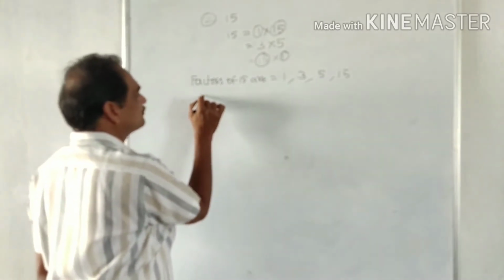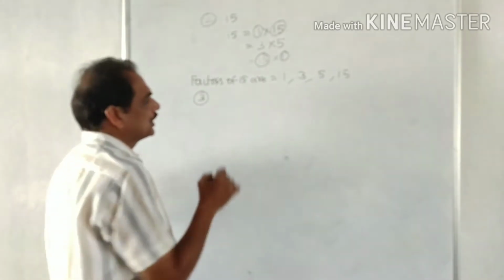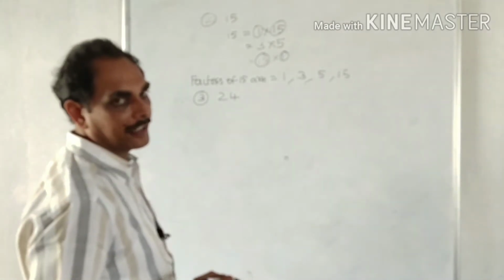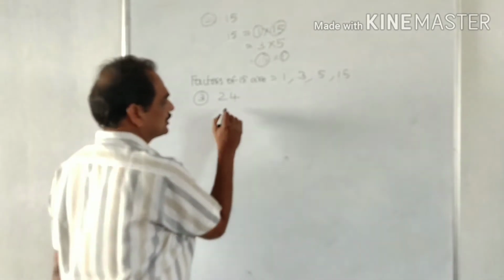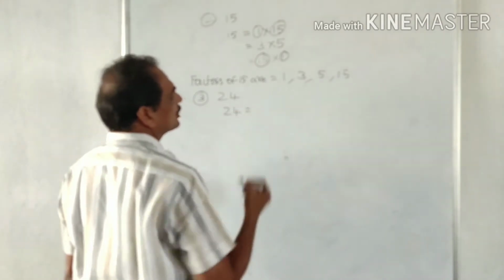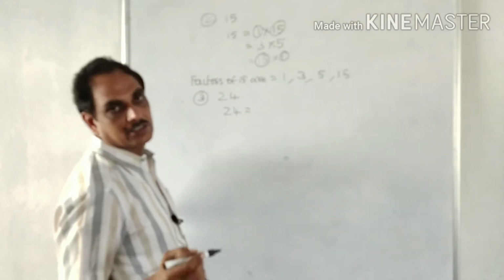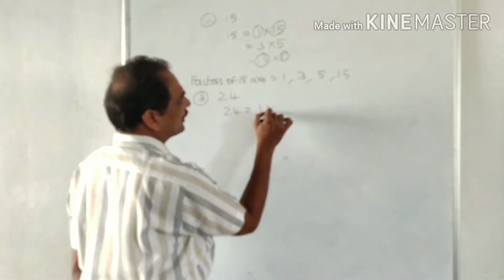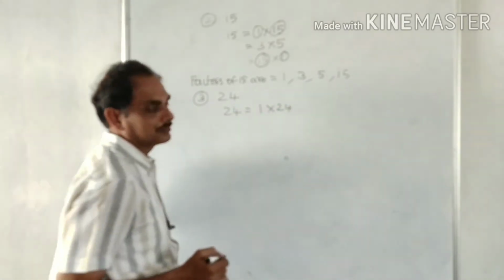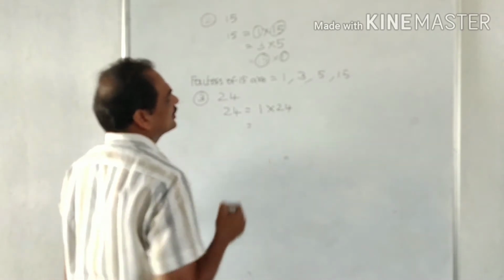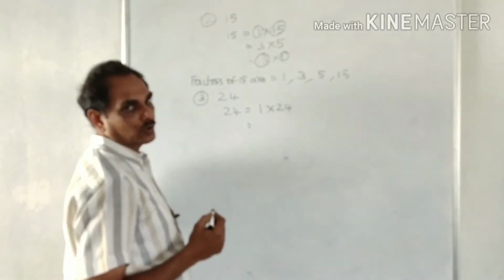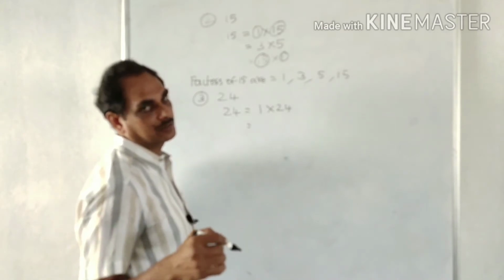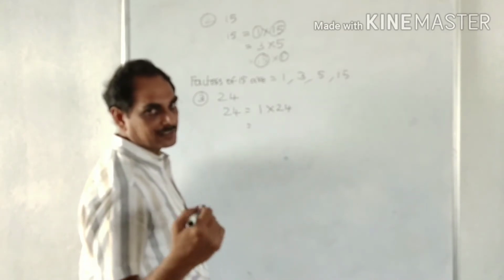Next, third example, 24 is the number. So now we find the factors of 24. When we write the factors of any number, first we write 1 into 24. Next, whether it is divisible by 2 or not, we can check by using divisibility rules, but we will go to divisibility rules in the next topics.